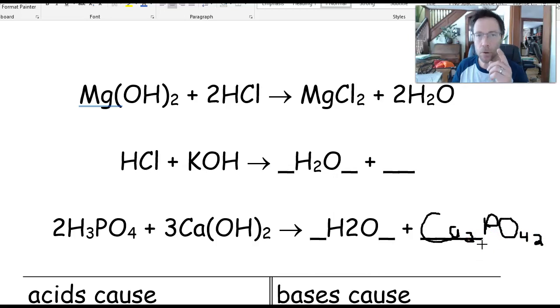All right, I'm going to hope you remember that there are not 42 oxygens here. No. There are not 42, and that is silly. But you remember what to do, right? You remember what you need to do to indicate that there are 2 PO4s, not 1 phosphorus and 42 oxygens.